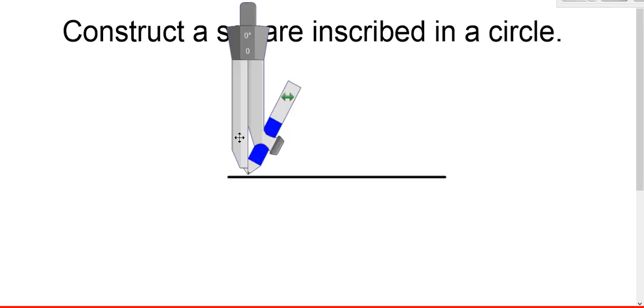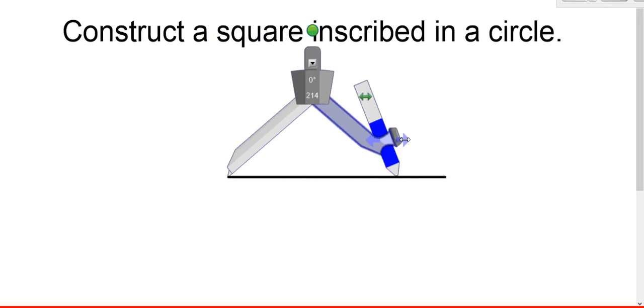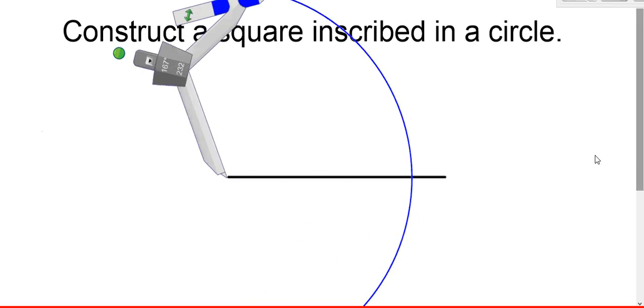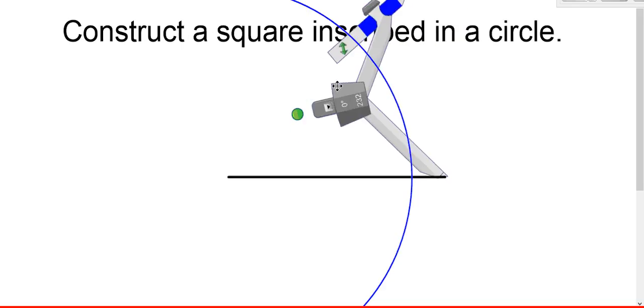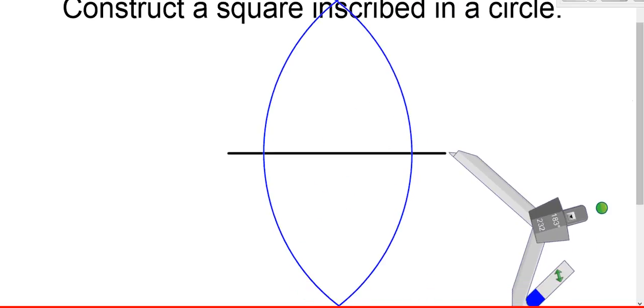So to do that, you start at one endpoint, stretch more than halfway, draw a semicircle. Do the same thing from the other endpoint. Then draw, with a straight edge, your perpendicular bisector.